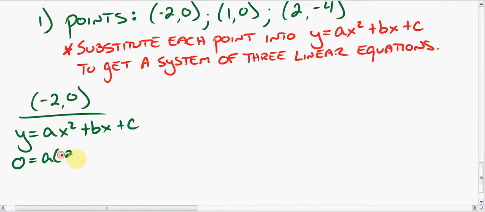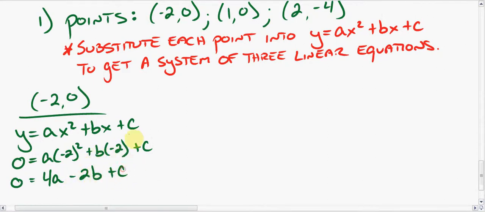The x value is -2. And now we'll simplify. -2 squared is +4. 4 times a is 4a. -2 times b is -2b plus c. This is the first of our 3 linear equations.